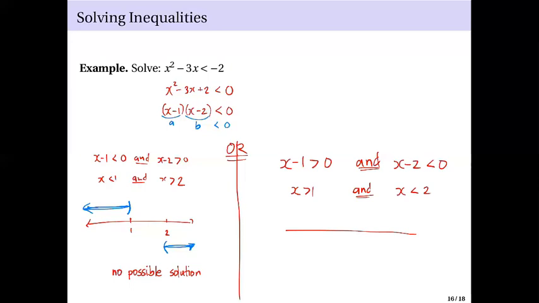So graphically, we have 1 here, we have 2 here. X greater than 1, it means you have this, and the direction is going to the right. Here you have x less than 2, and the direction is going to the left. So if I get my x somewhere here, it's not here.